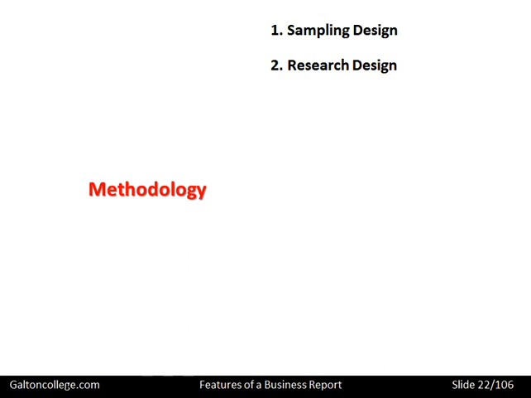What is the research design? How will the sample be approached? Will they be approached with questionnaires or interviews or focus groups, or how will the sampling be conducted? Which is really an issue of data collection.